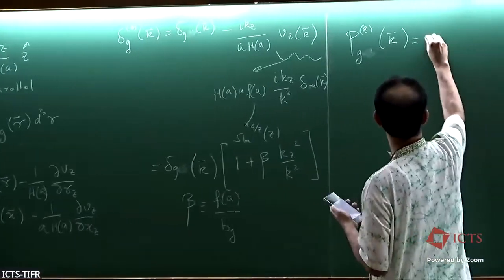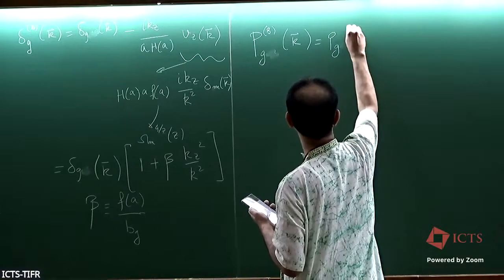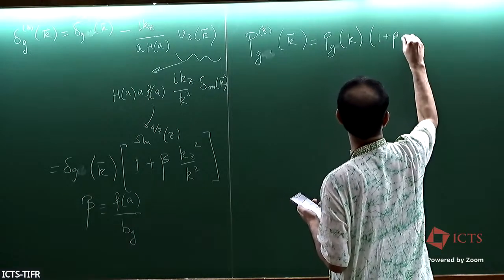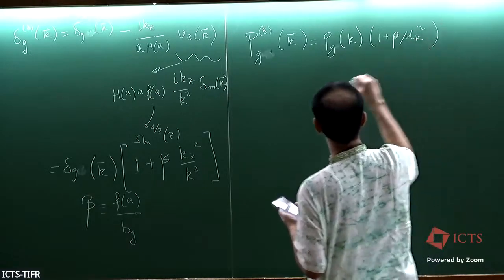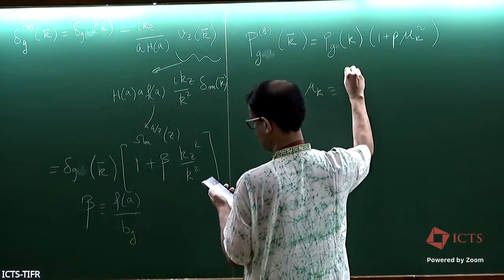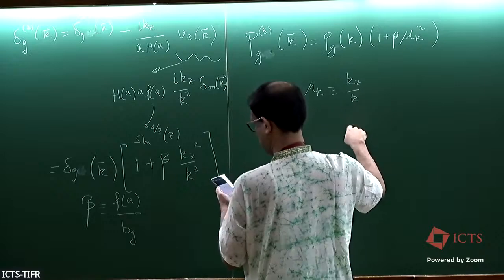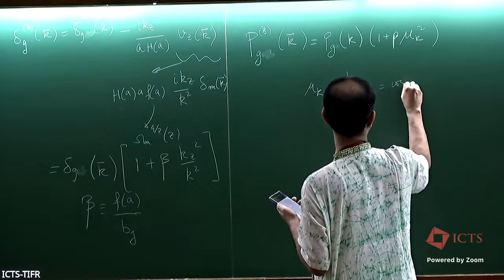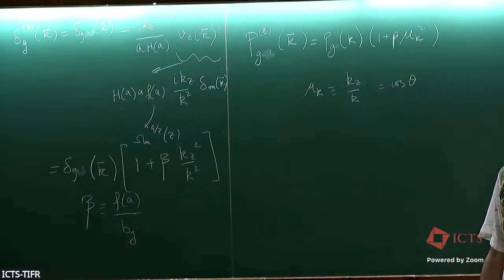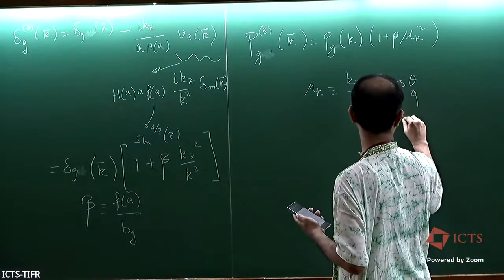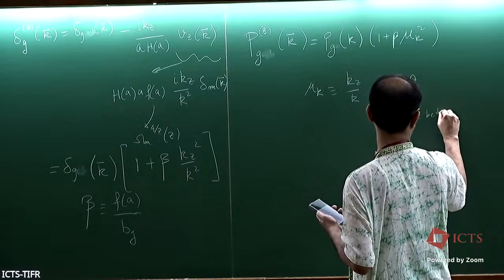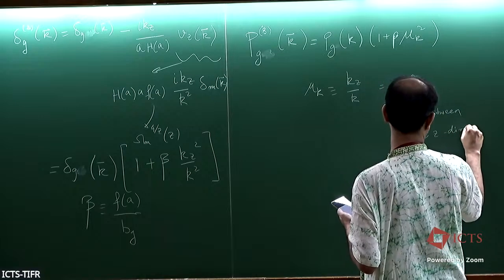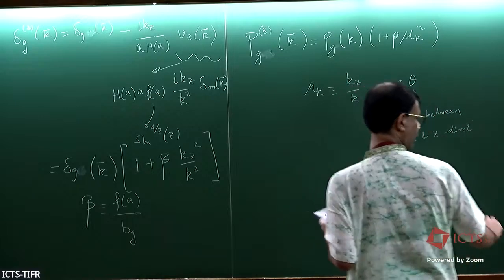It will be P galaxy, the real k, times 1 plus beta mu k square, where mu k is nothing but kz by k. It is basically what we call cos theta, where theta is the angle between k and the z direction, the line of sight direction.